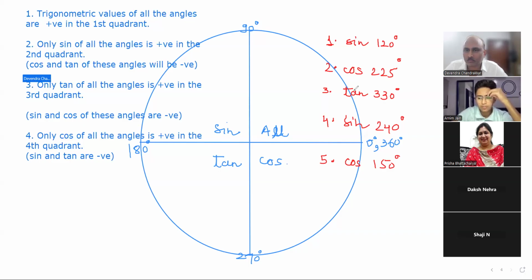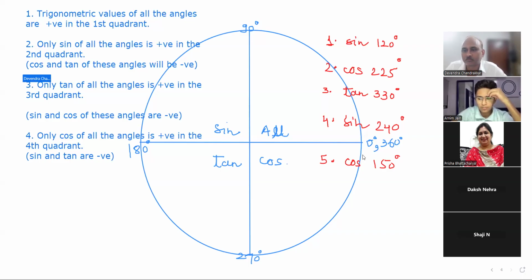Prisha, Daksh, is it done, beta? Sir, I have written. Okay, but you have not sent me the answers. Sir, what answer? The positive, negative, beta. You just have to mention first is positive, second is negative, third is... Okay, sir. That's it.